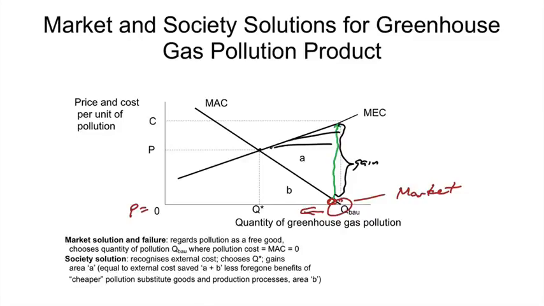So this whole area, A, is a net gain to society of reducing pollution. So this is another way of saying it's in the interest of the globe to reduce pollution. And further, we can reduce it to the point where the marginal abatement cost curve just intersects the marginal external cost at Q star.